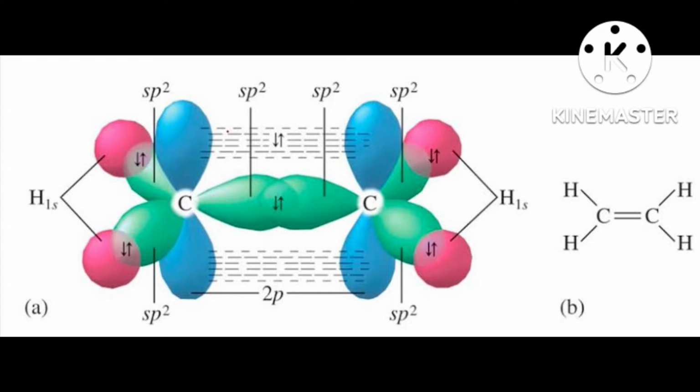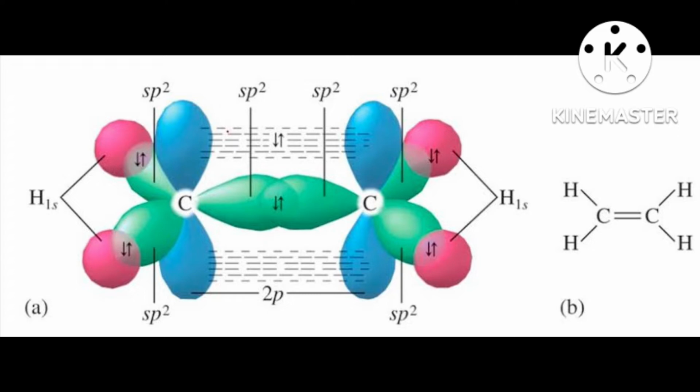In the normal condition there were 2 electrons in 2s and 2 electrons in 2p. After getting energy in the excited state, an electron from the 2s jumped and a new orbital opened, that is 2py, 2pz.